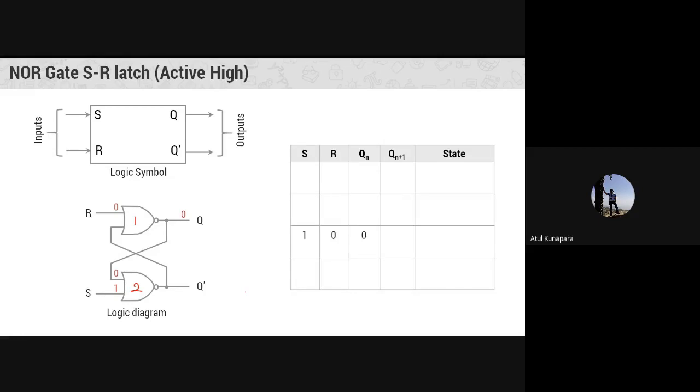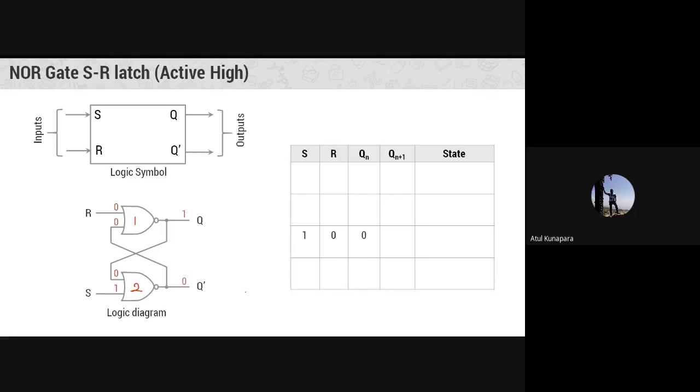That will give you an output of NOR gate number 2 of 0, because you know that a NOR gate will give you output logic 1 only when both the inputs are 0. This Q dash will go to the second input, that is, NOR gate number 1. So now you get both inputs to NOR gate number 1 as 0, and so the output Q will change from 0 to 1.